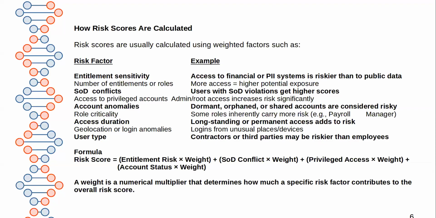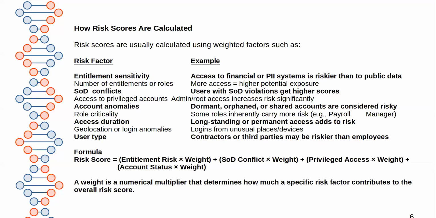Before you go to the formula, let us understand what the weight is all about. Again, like the risk score, the weight is also a numerical multiplier which determines how much a specific risk factor contributes to the overall risk score. Are you able to understand this particular part?